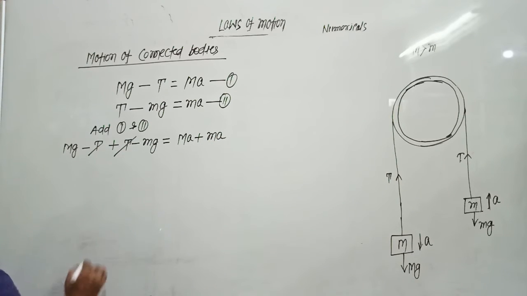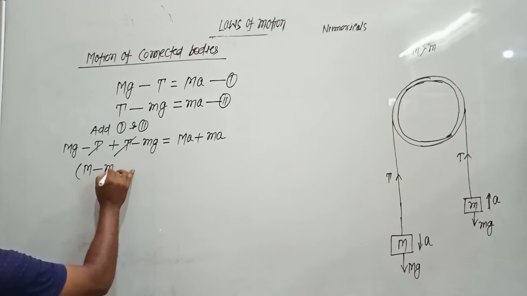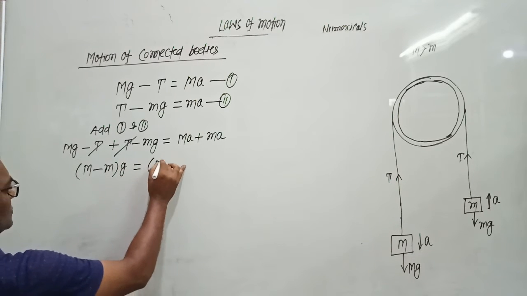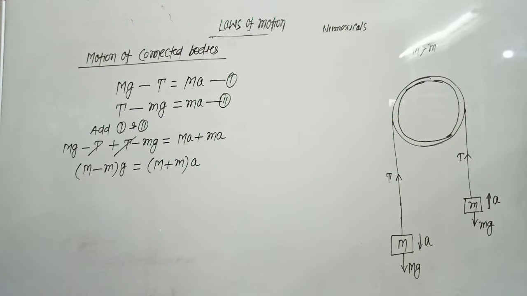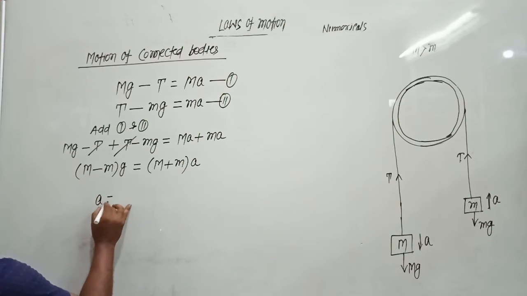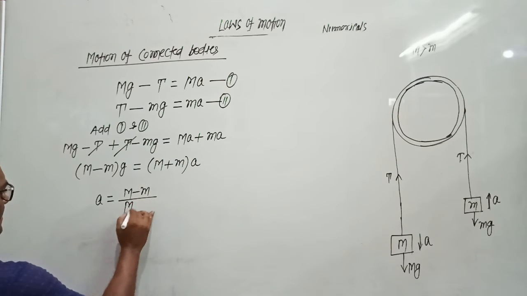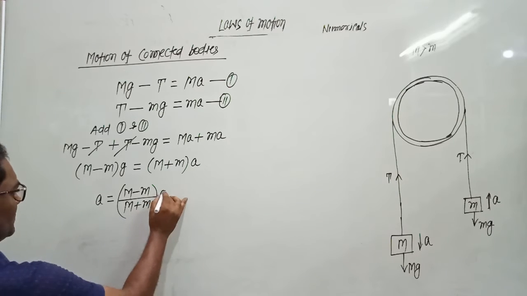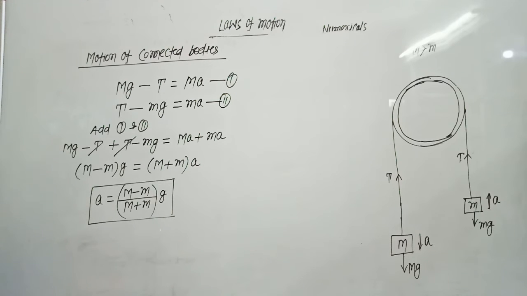Now T and T get cancelled, and from these two terms G is taken common, so M minus m into G, and from here A is taken common, so M plus m into A. We find A equals M minus m upon M plus m, into G. This is the expression for the acceleration.